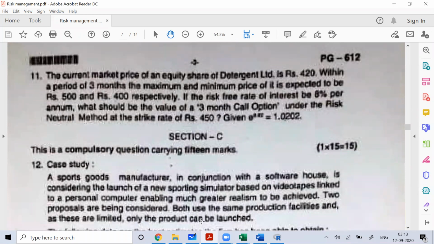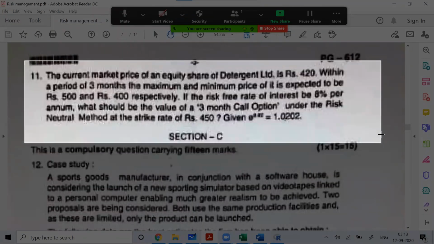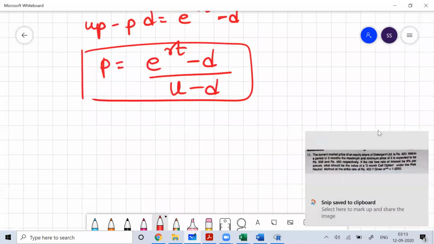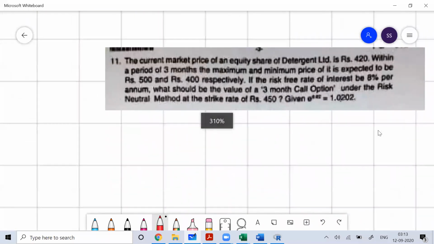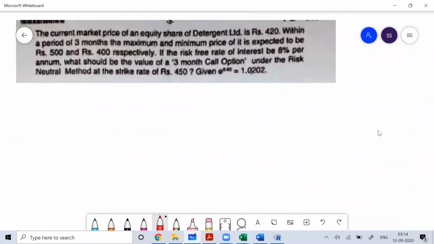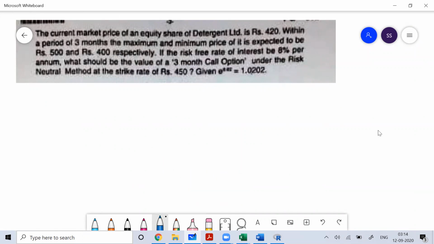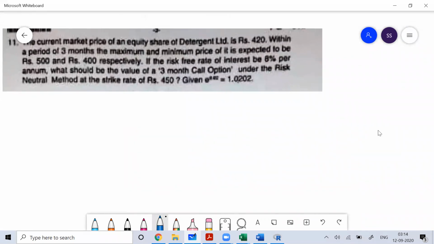So you can see this question number 11. The current market price of equity share of a detergent limited is 420.